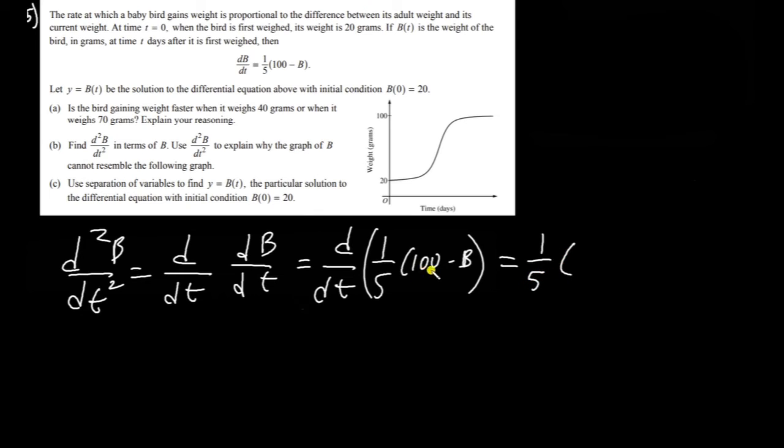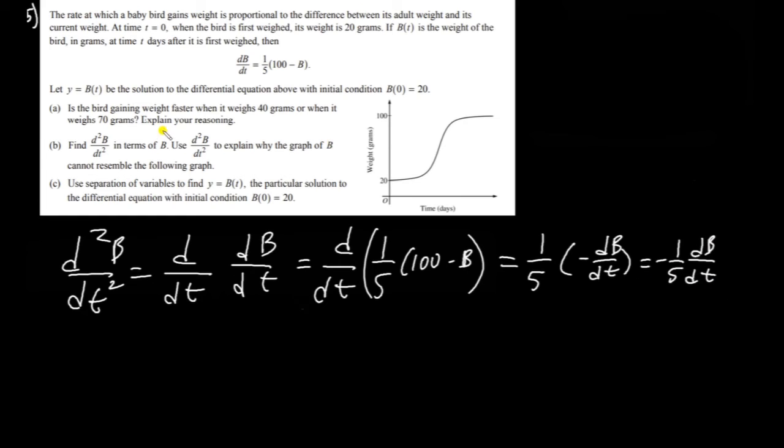So basically we're taking the derivative of our dB/dt. This is going to be a 1/5, and the derivative of 100 is 0, and the derivative of negative B is negative dB/dt, which gives negative 1/5 dB/dt.